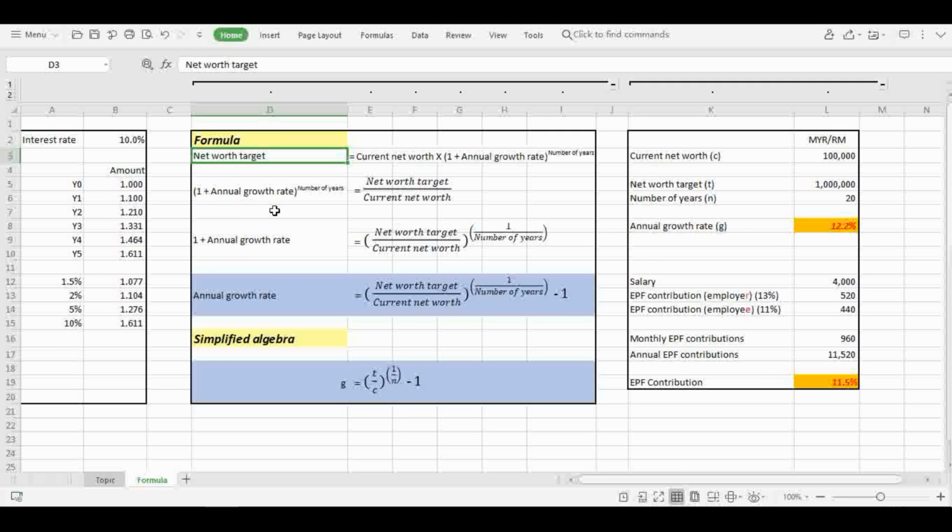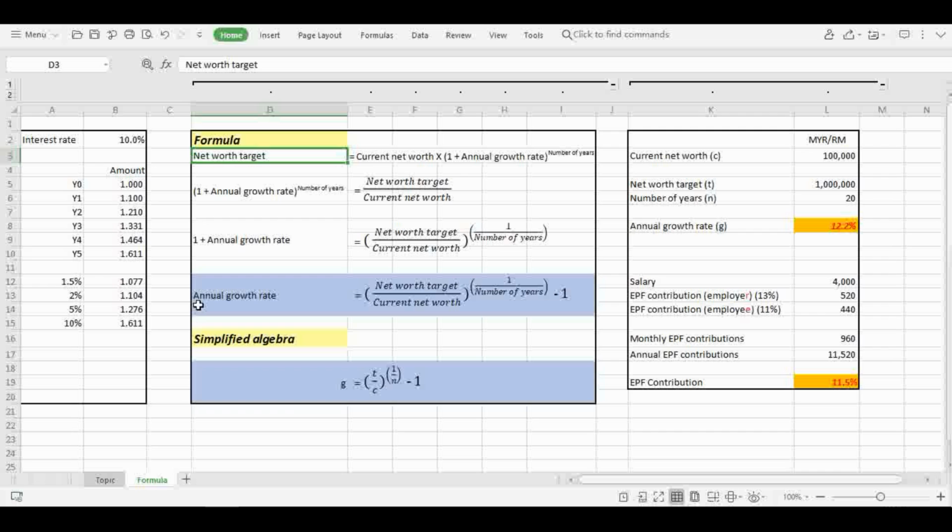The next thing that I will need to do is moving this power sign out to the other side of the equation. So this will be 1 divided by number of years, and this is the power of this equation over here.